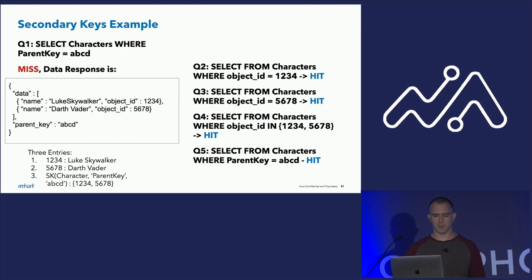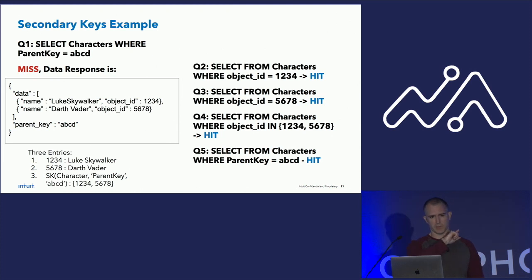So query 1, I select characters where my parent key equals A, B, C, D, A New Hope, something like that. We get a cache miss, but the data response is basically like this, right? Just some JSON here. We have Luke Skywalker, we have Darth Vader, here are their object IDs. Critically, here's their parent key, right?